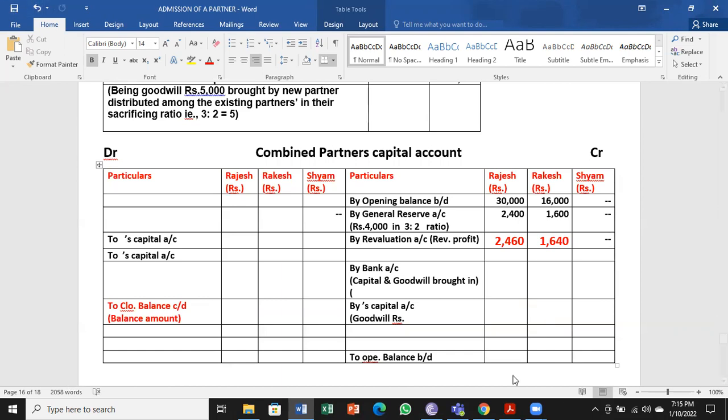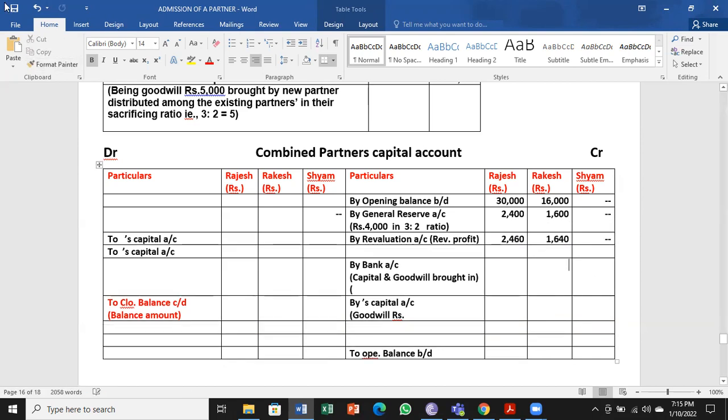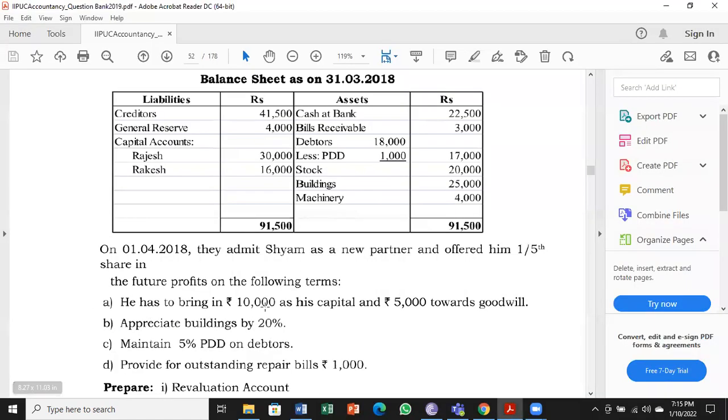So we have to check in the revaluation. Here it is the debit side. In the revaluation, it comes to the credit side of the partners' capital account. So we have to be very careful about this. The next is the capital and the goodwill brought in. So capital brought in is 10,000, goodwill is 5,000.